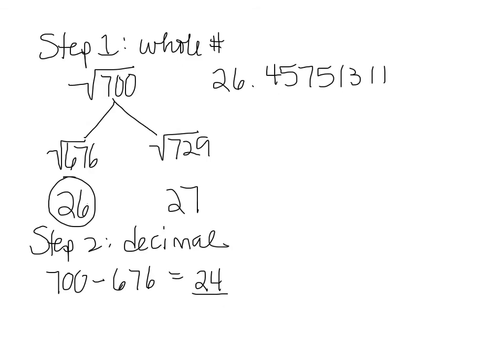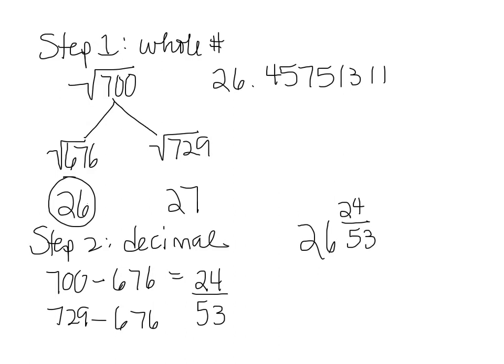Your denominator is going to come from how spread out your two estimates were. 729 from 676. What is it? 53. So I'm going to put that fraction with my whole number from step 1, and I'm going to estimate that the square root is going to be 26 with 24 over 53.